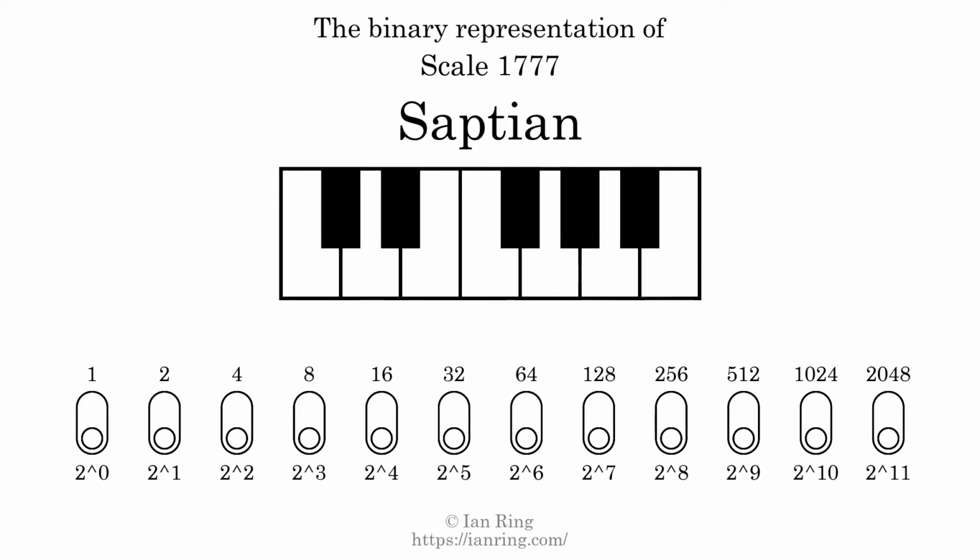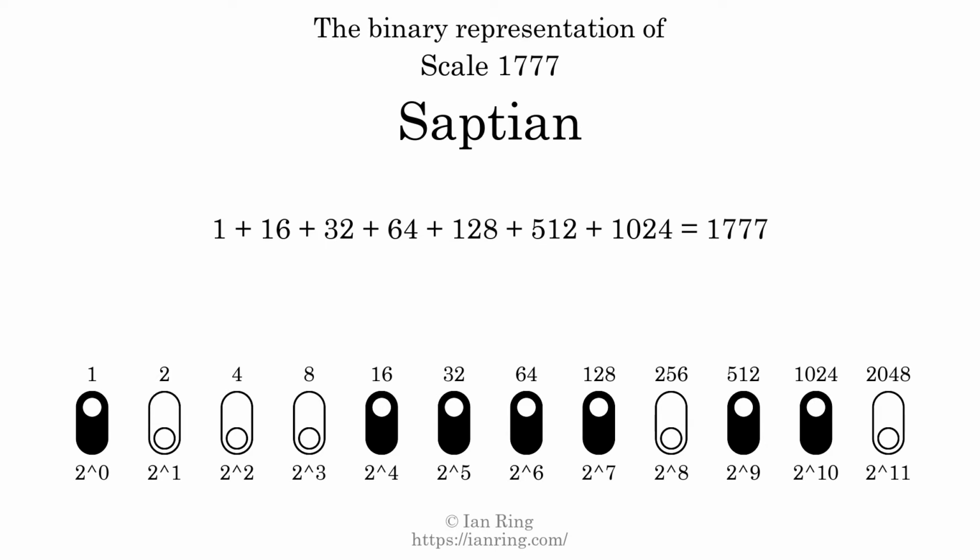The binary representation of this scale is determined by mapping tones of the scale to binary digits. Each binary digit represents a power of 2. To get the scale number, we add the powers of 2 together. The powers of 2 that are present in the scale, all added together, equals 1777.